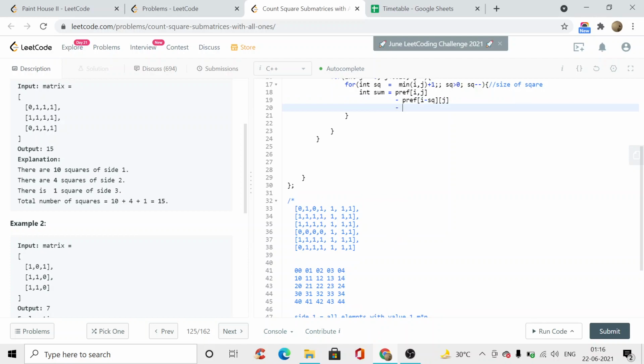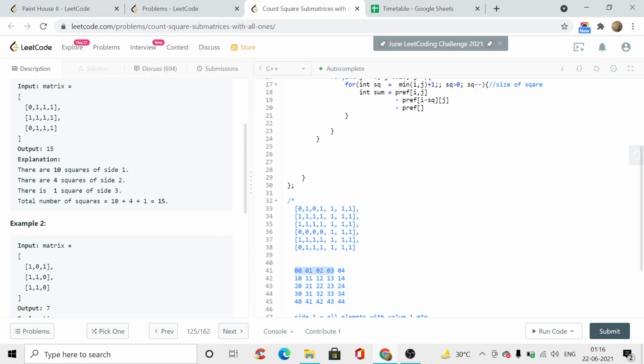Then one more subtraction will be done. Pref of, like, I cut this part. When I'm over here at 4 comma 3, and I'm trying to make something of size 3, it is 3 plus 1 is 4, so it will be this much size.